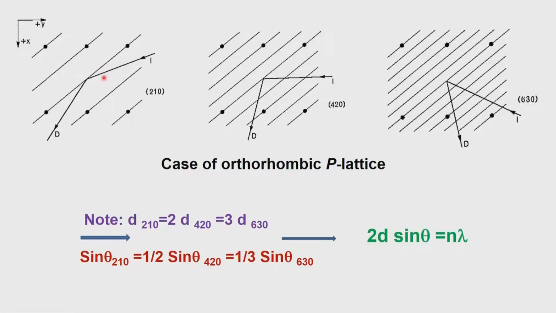This is the incident angle theta, this is the diffracted angle theta, so the angle between the incident and diffracted rays will be 2 theta. For 210 the incident and diffracted rays come at a certain angle; for 420 it becomes 1/2 of that angle, for 630 it becomes 1/3 of that angle, and for the 4th order reflection it will be 1/4 of that angle.